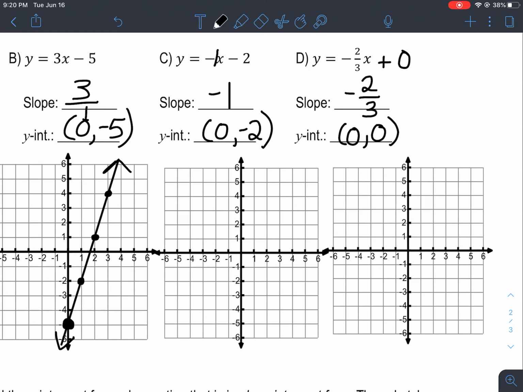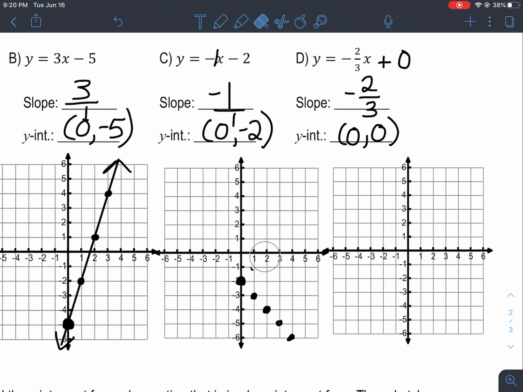Okay, so taking a look at C here, our y-intercept is 0, -2, and our slope is -1 over 1. So down 1, right 1. So now we're going down and right instead of up and right. And now if I want points on the other side of the line, I do the exact opposite, up and left. An easy way to tell if you're accidentally plotting it wrong, say you accidentally went up and right, you see how it's starting to create a V?